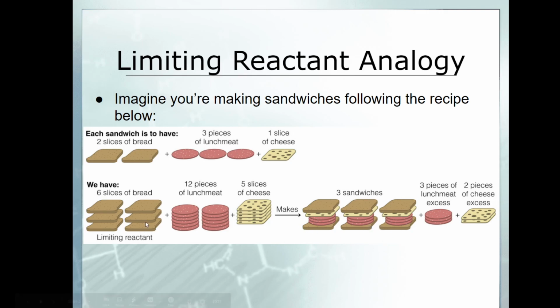Our 6 pieces of bread are going to run out after that, and then we're going to have excess lunch meat and excess cheese. No matter how much more meat or cheese we have, we can't make any more sandwiches. After 3, our reaction is done because we ran out of our limiting reactant, which was the bread. As soon as your limiting reactant runs out, your reaction is finished and it can't make any more.